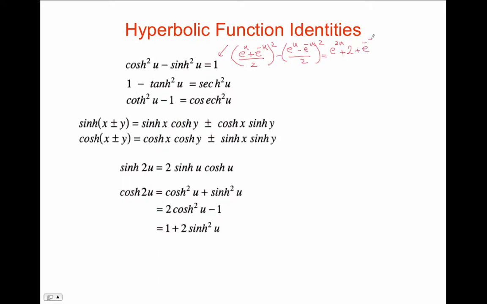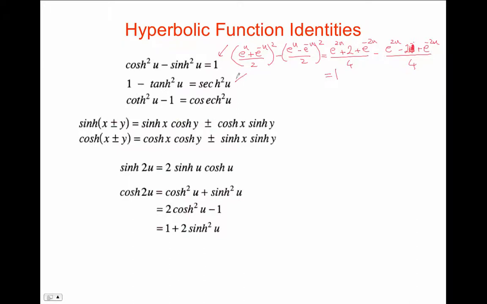And then there's e to the minus 2u, divided by 4. And then we have to subtract from this sinh squared u. That's e to the 2u minus 2 e to the 0. Well, so that's just 1 over there. And finally, e to the minus 2u divided by 4. So everything else cancels out. We just have 2 plus 2 over 4, and that's equal to 1.